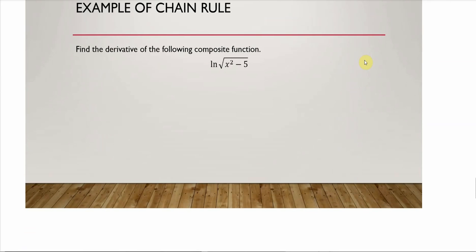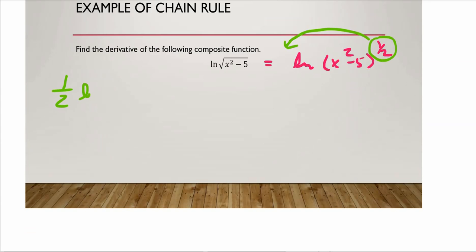So what I'm going to do here is rewrite this problem as ln of x squared minus 5 to the 1/2. And now that I have the power right here, I can move it to the front. So that means I'm going to have 1/2 ln of x squared minus 5. And now I'm about to take the derivative. The 1/2 is just a coefficient here, so I can leave it alone.